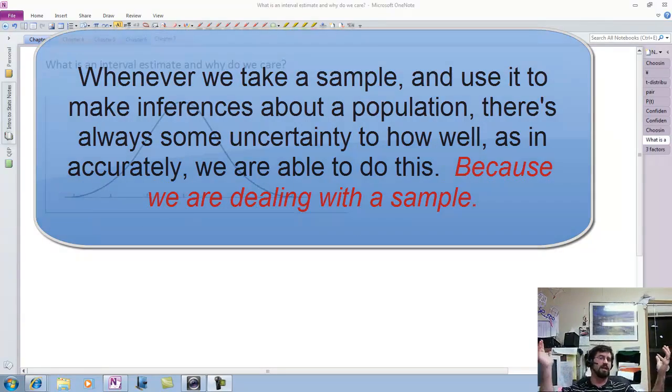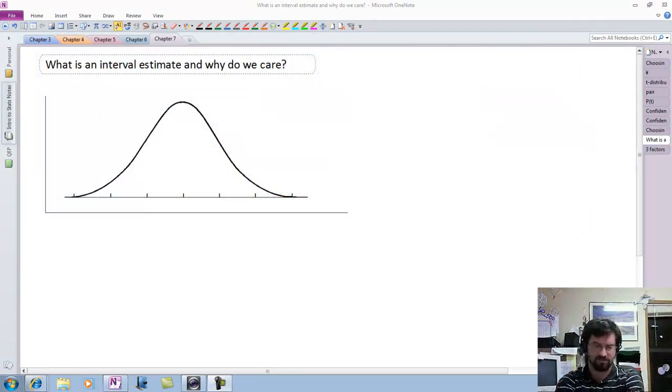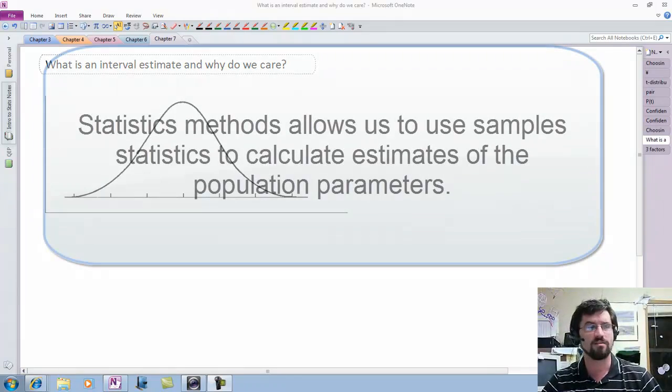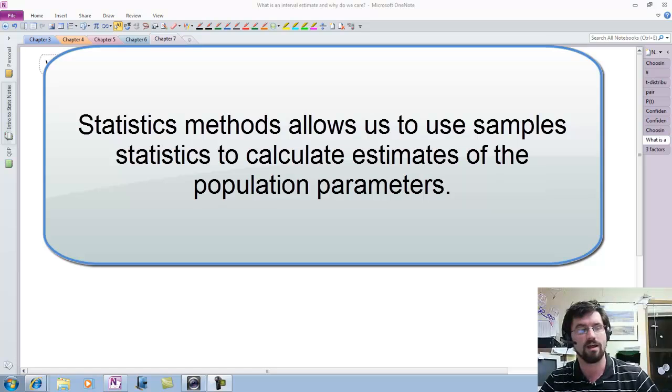However, rather than just say that, well, sampling doesn't work and we can't use it to tell us anything about the population because you never know, you might get some bad samples and they'll tell you something that isn't true. Rather than say that, statistics allows us to calculate estimates of these parameters, these characteristics of the population.